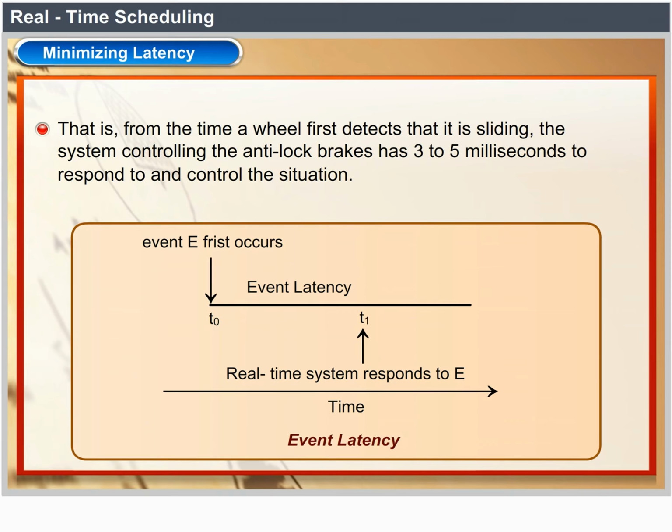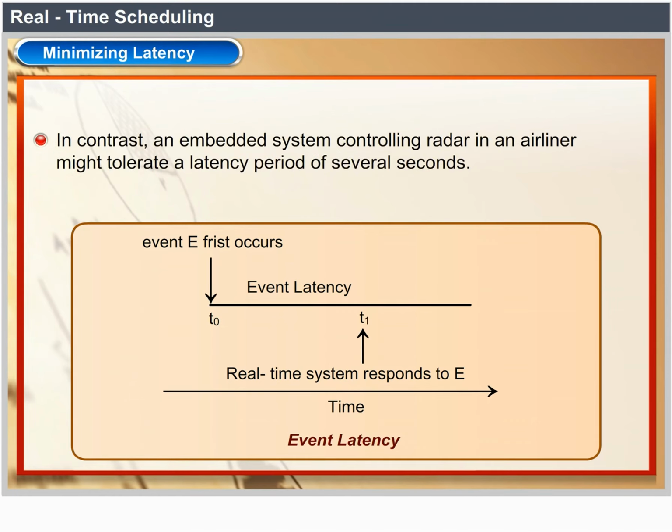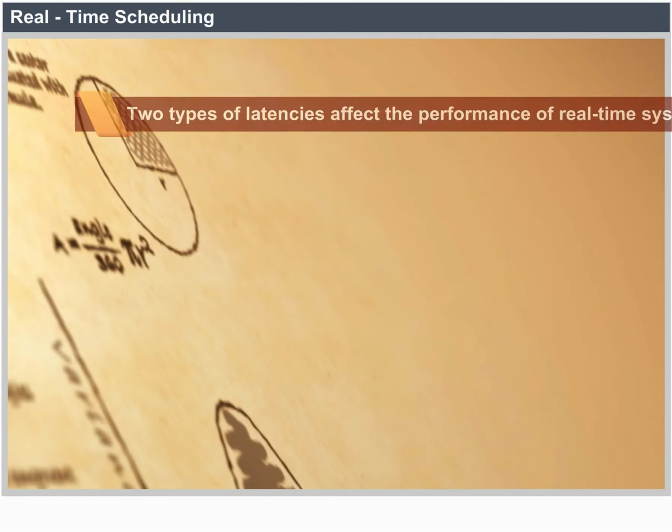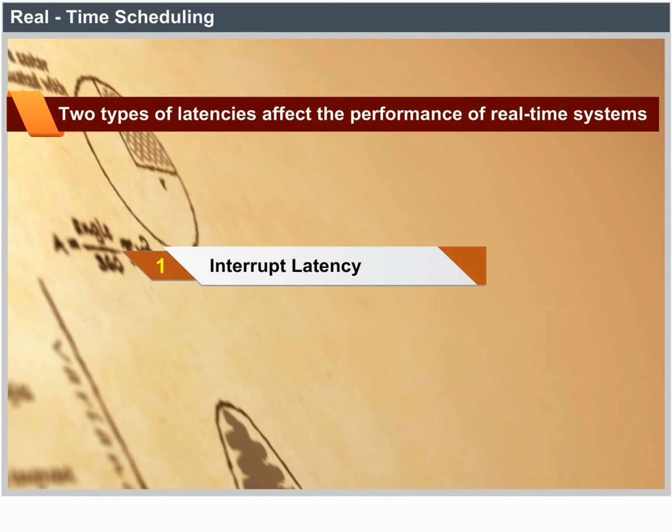Any response that takes longer might result in the automobile veering out of control. In contrast, an embedded system controlling radar in an airliner might tolerate a latency period of several seconds. Two types of latencies affect the performance of real-time systems: 1. Interrupt latency. 2. Dispatch latency.